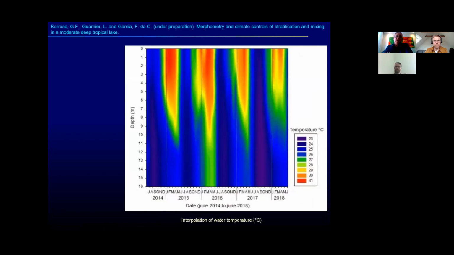In terms of the water column, we could see here that the stratification season starts in the late autumn and goes into the late spring, with very strong stability in the water column, with a temperature difference of about 6 degrees from the surface to the bottom.